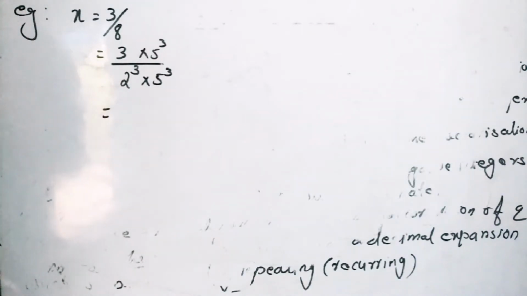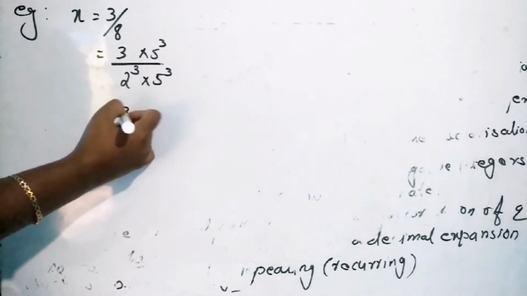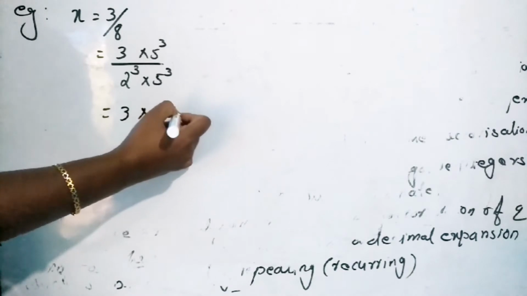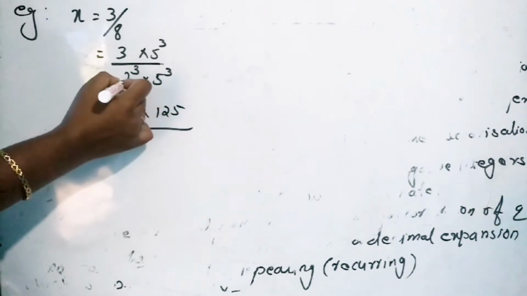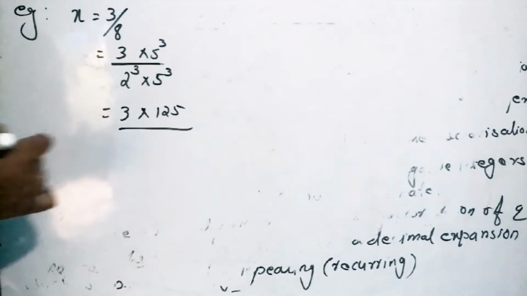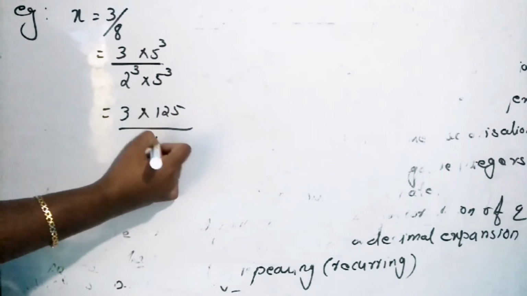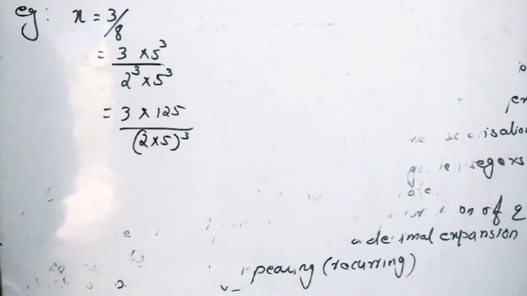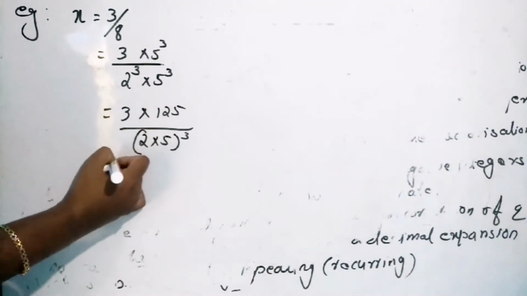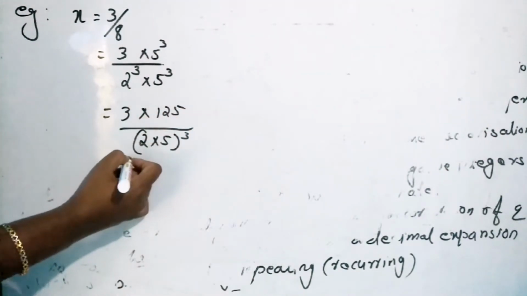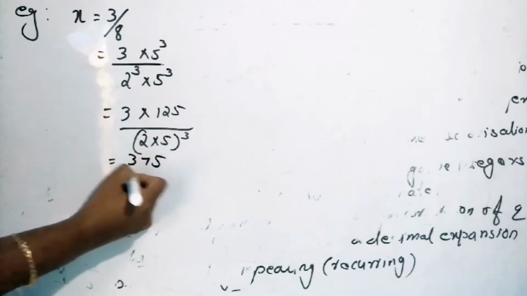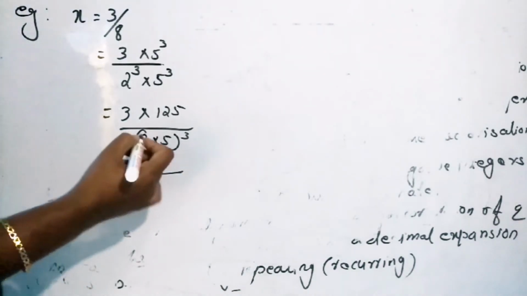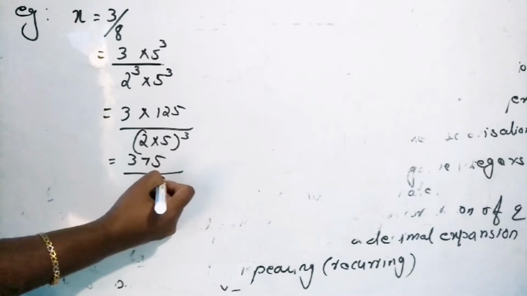Now this is equal to 3 into 5 cube, which is 125, divided by 2 cube into 5 cube. We can write that as 2 into 5 all cube. And this is equal to 3 into 125, that is 375, divided by 2 into 5, that we know is 10 cube.